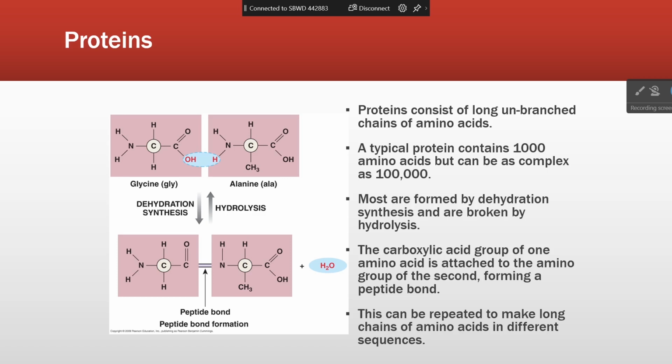Now, they can also be split back apart by hydrolysis, thus the Lego analogy, right? Easy to put together, easy to take apart. And a lot of times, the amino acids aren't destroyed in that process. You can literally take a protein, break it down into its blocks, build it into another protein, all without building any new blocks, right? So it's a very efficient system.